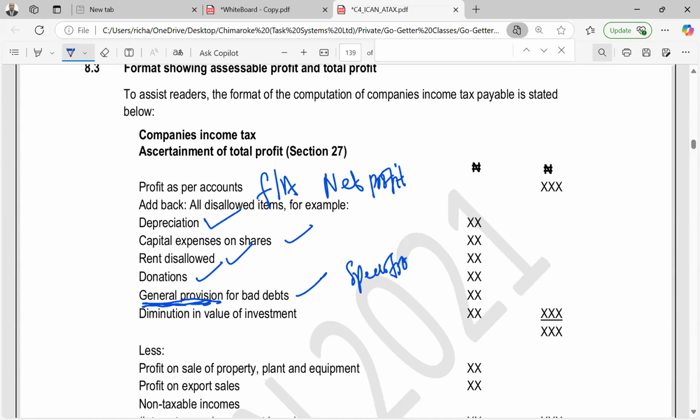Somebody is asking a question. Somebody says, I can't see your screen. Wow. Okay. Let me stop sharing and share again. Maybe this time you'll see the screen.